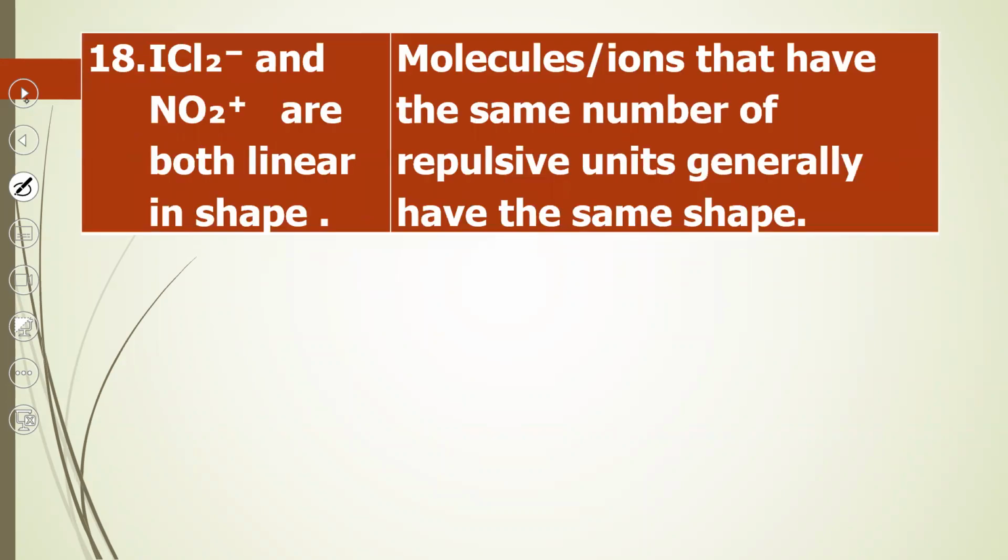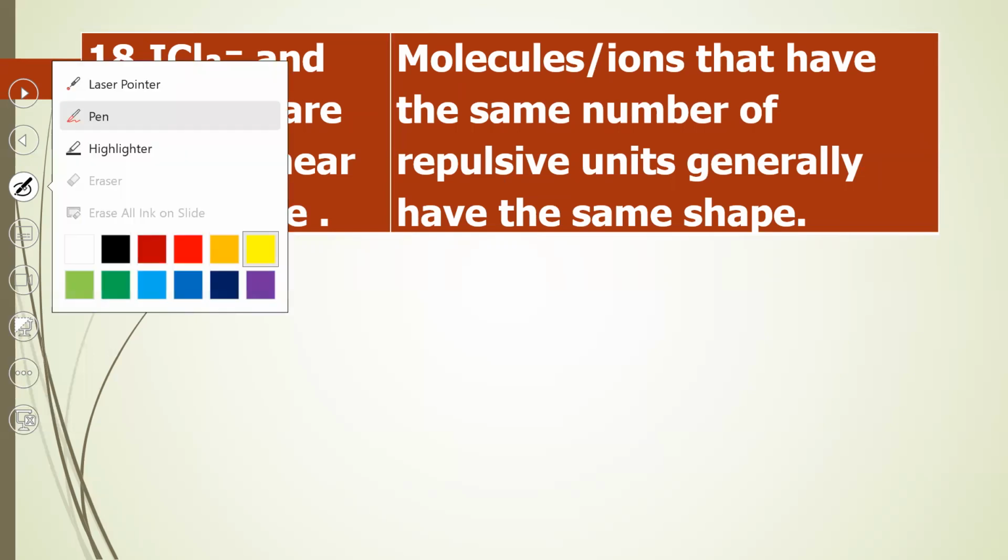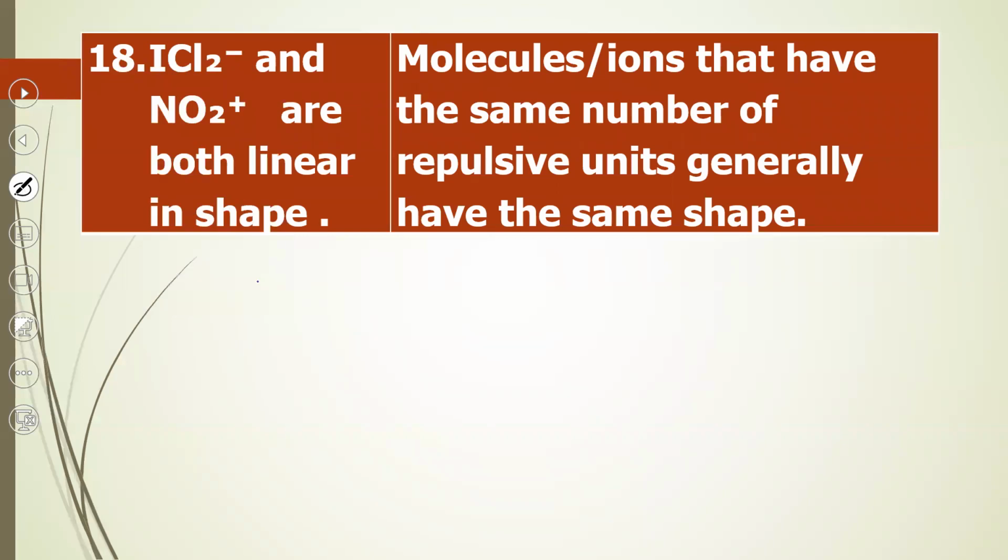When you come to question number 18, ICl2 minus and NO2 plus. In the question, NO2 plus, this one is linear.